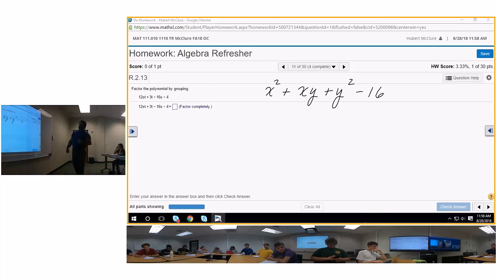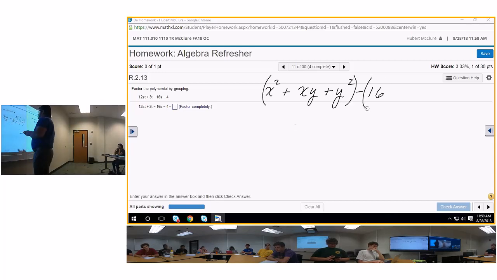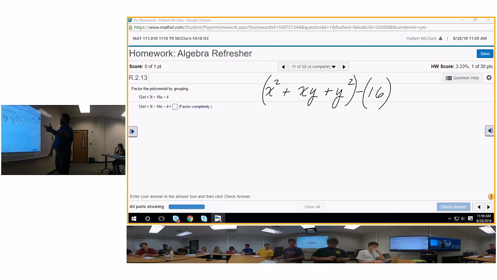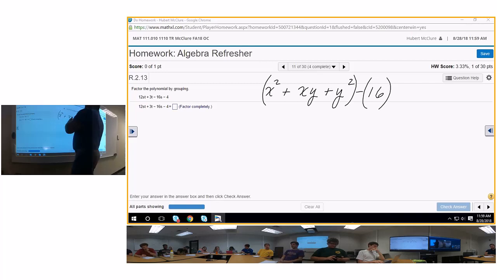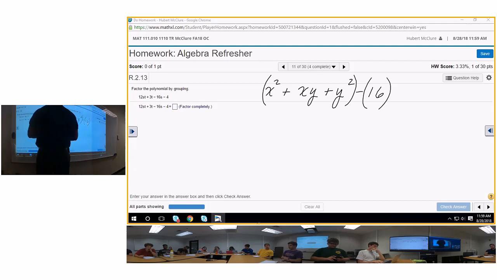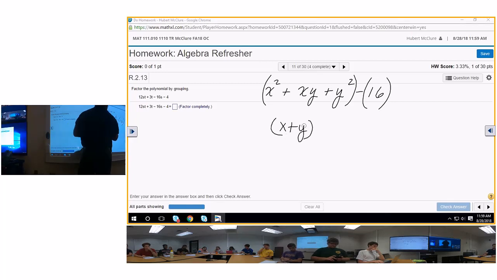How many terms does that have in it? 4. Does it have a lot of squares? Yes. So you do a 3 by what? 3 by 1. And that's shortcut number 1, and that's going to be (x plus y) quantity squared, minus 16.